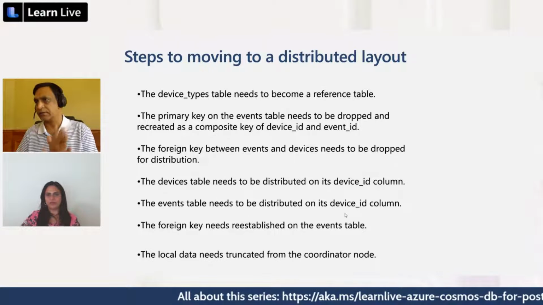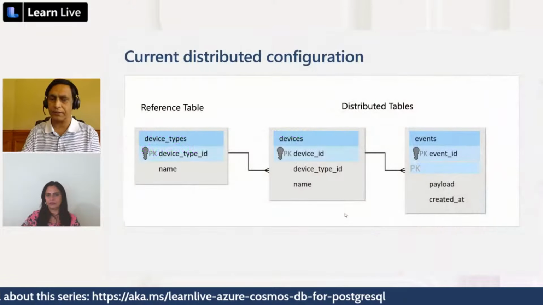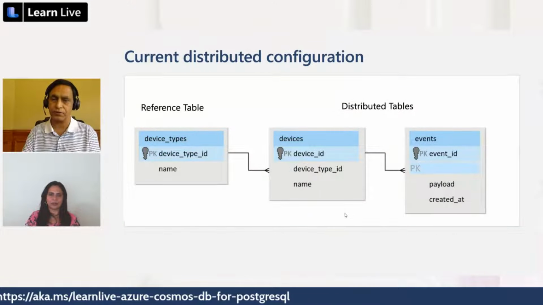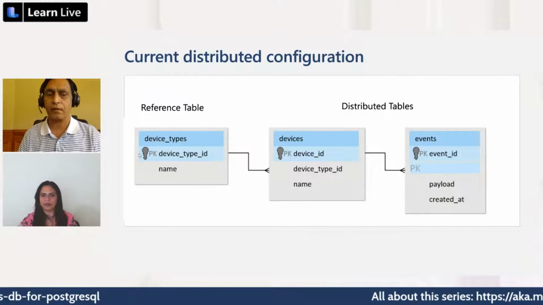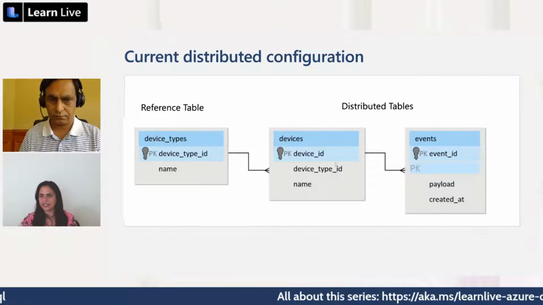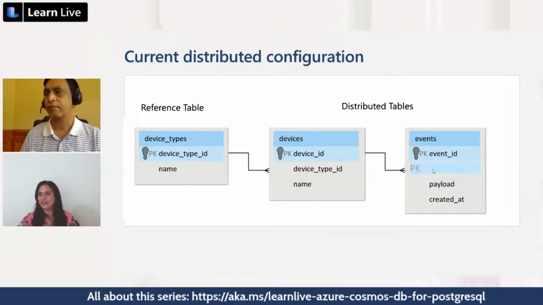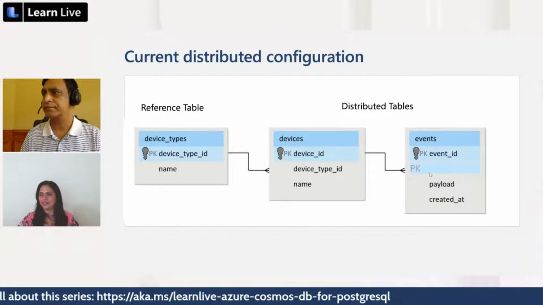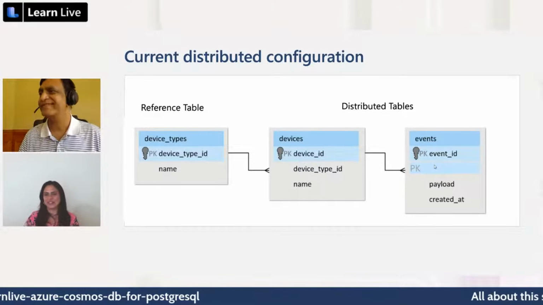That's the flow you will do to complete the redistribution. Once it's done, this is how you see it, where you have the primary keys. This is a distributed table. The event is distributed. And what is not being displayed here is the device ID. So the event ID and the device ID becomes the primary key.